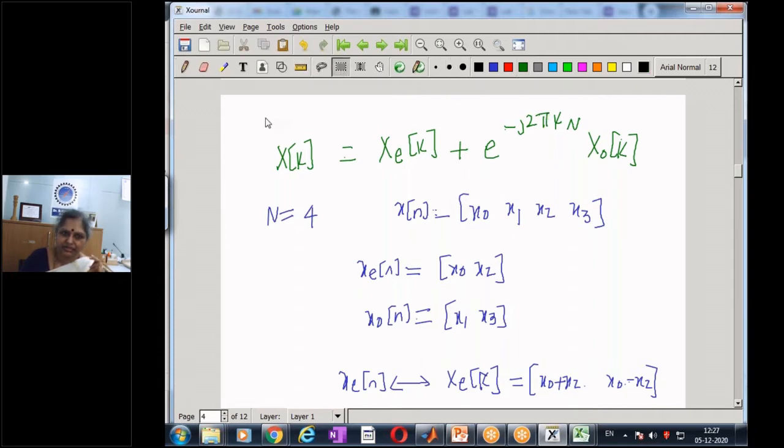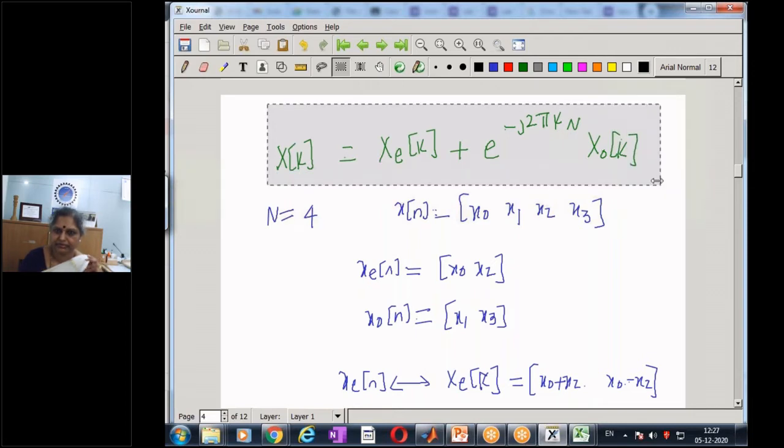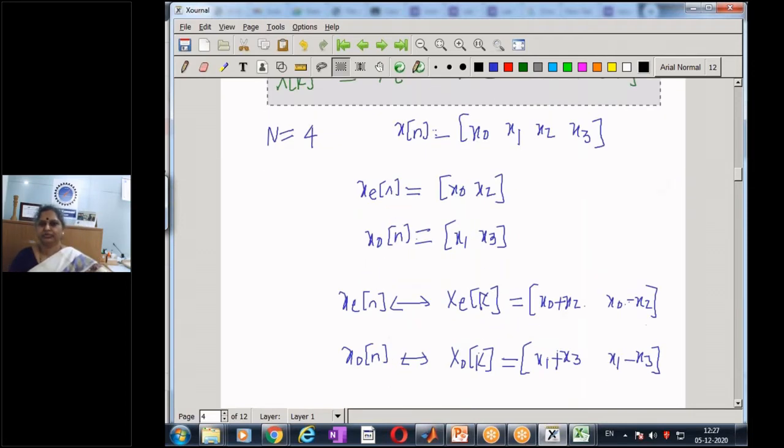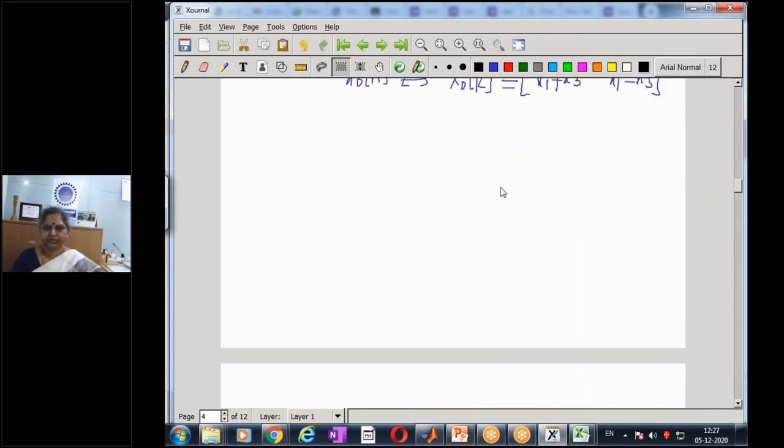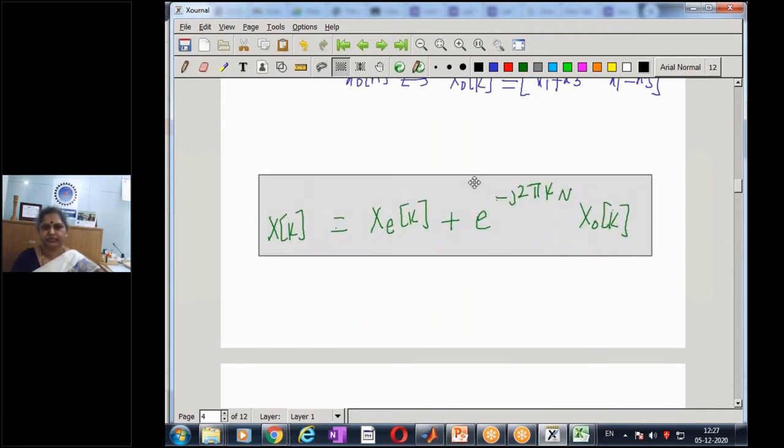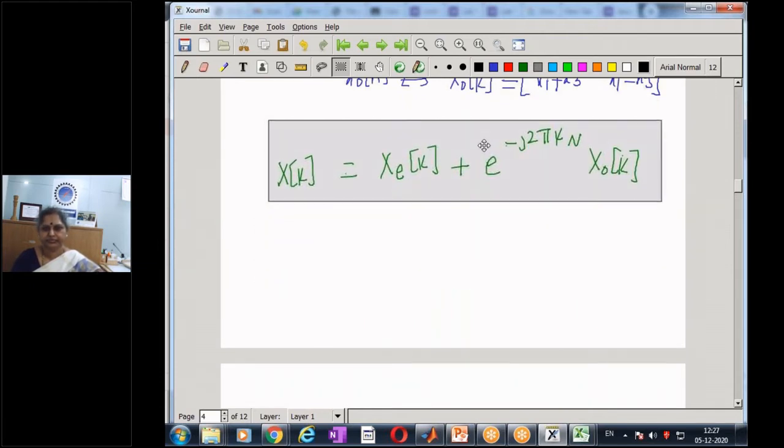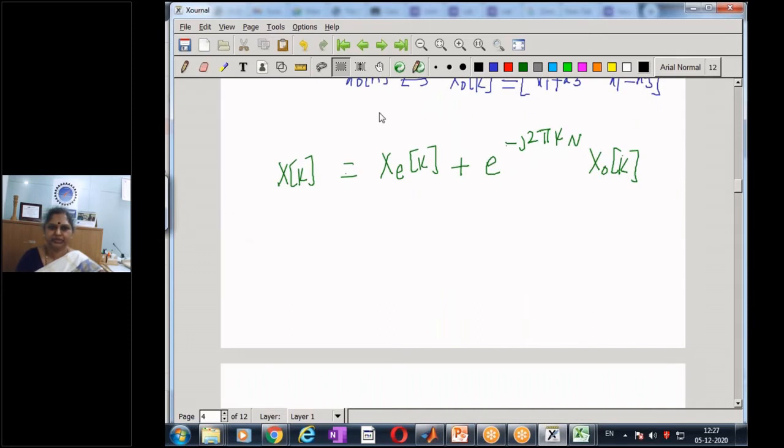So let's once again get this and try to compute. Now from this 2-point DFT, I need to get the result of a 4-point DFT. So put k equal to 0. When I put k equal to 0, what do we get?